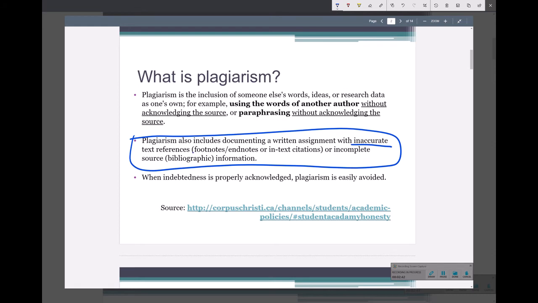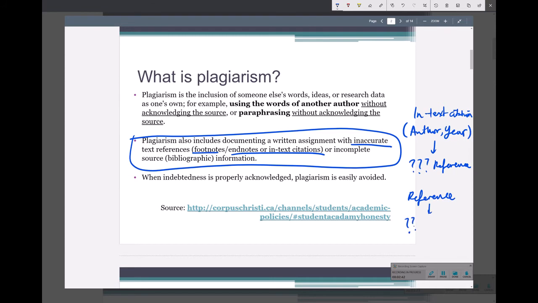For example, you can cite something in the essay, author and year, for example in APA, you have your in-text citation, but you don't have it in your references. Or you have something in the reference, but there's no in-text citation.